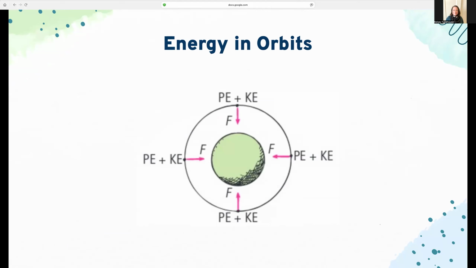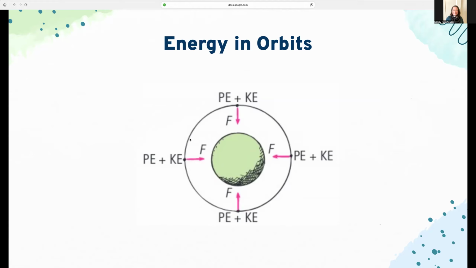So as long as nothing extra is interacting with our planets, stars, etc., then their total energy is constant throughout the orbit. We can see a couple of things here with the circular orbit: unlike the elliptical orbit, the force is the same each time because the distance isn't changing. It's the same distance away.